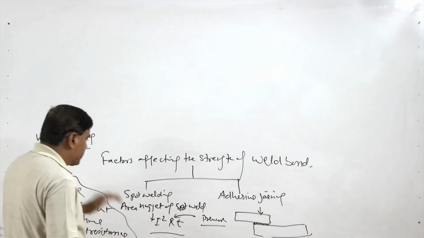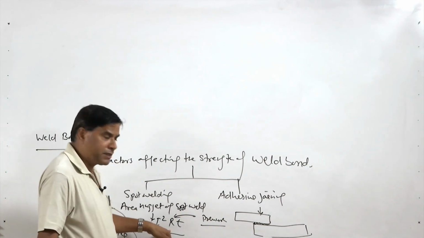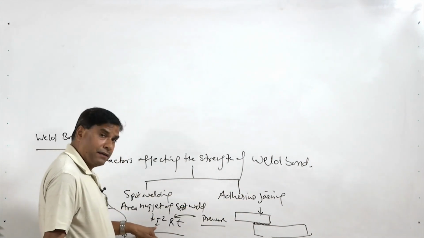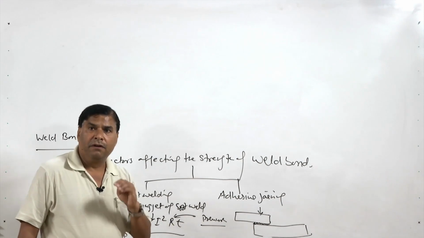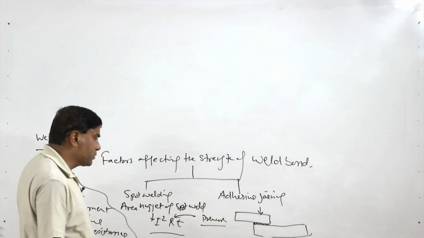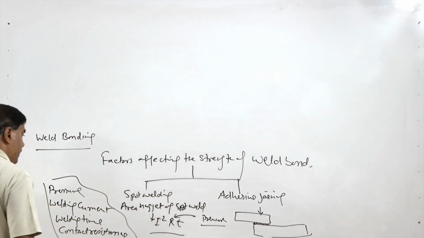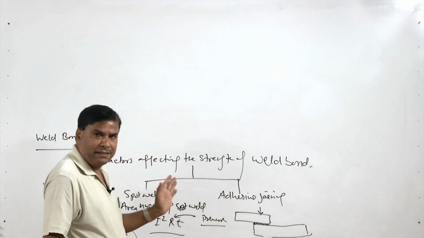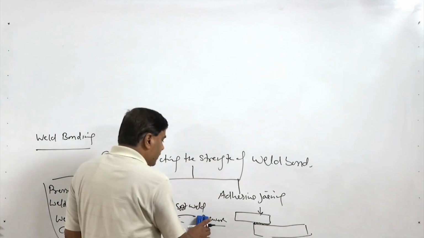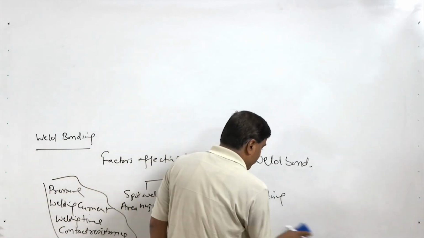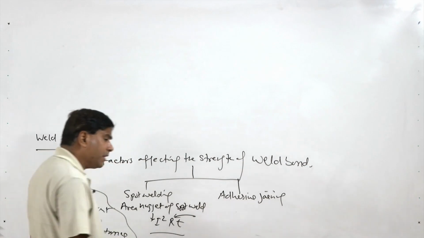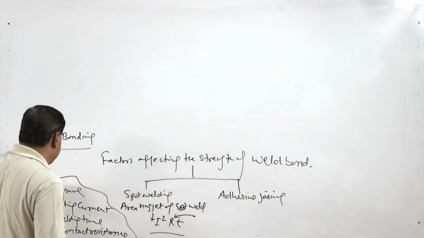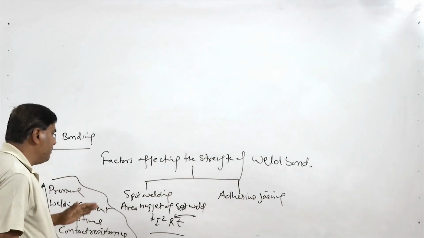Therefore, to match the reduction in contact resistance due to increase of pressure, we must increase either current or time for having a similar heat generation, so the weld nugget of the same area is made. Otherwise, increase in pressure can reduce the weld nugget area, which in turn will compromise the strength of the weld bond. So, this is how the three factors related with spot welding will be affecting the weld bond strength.